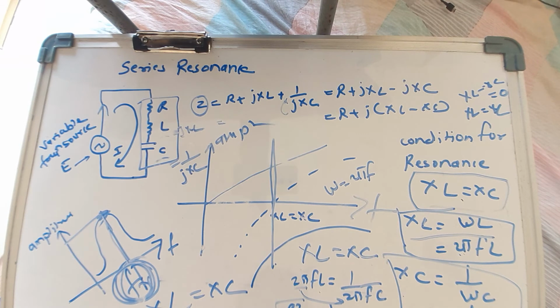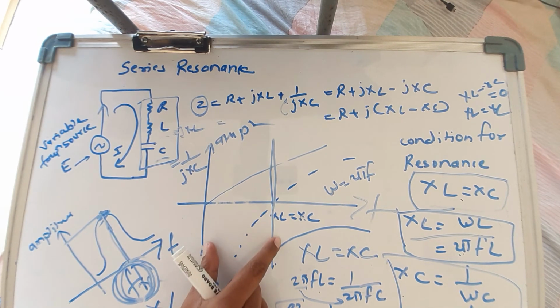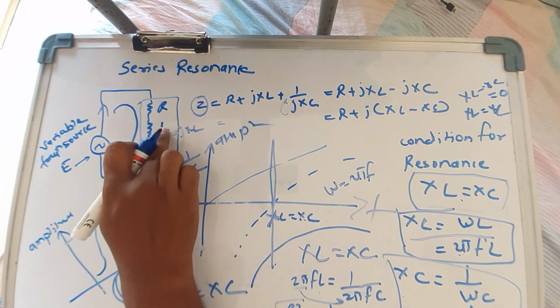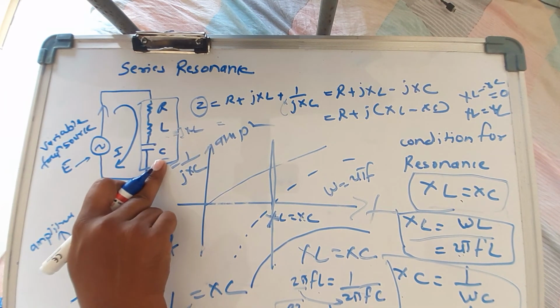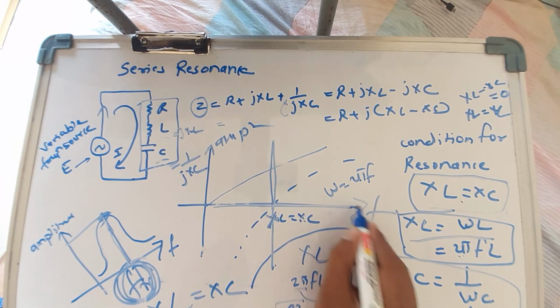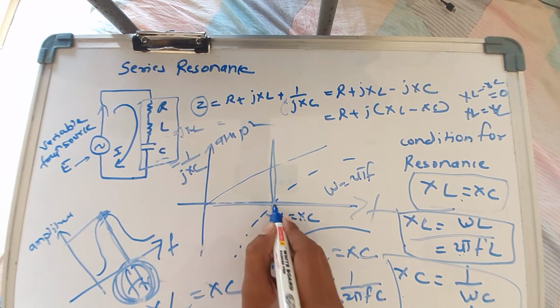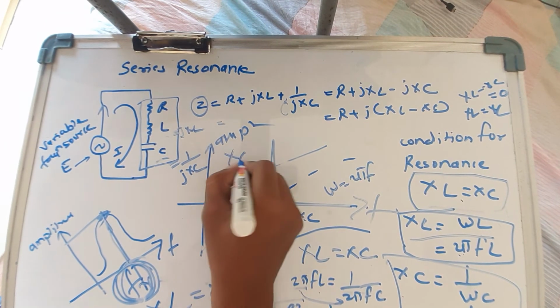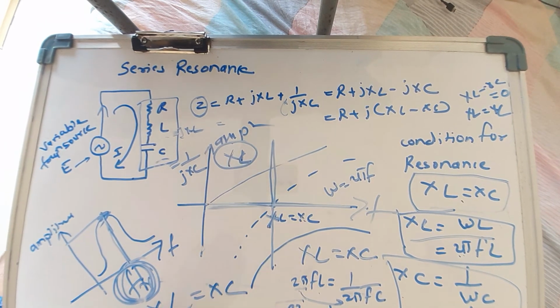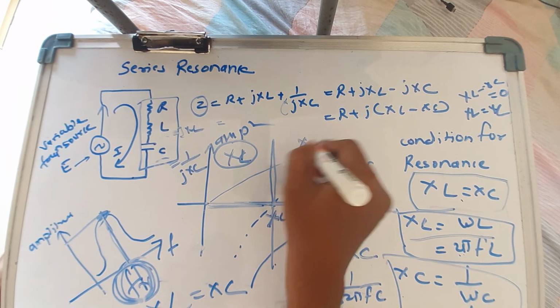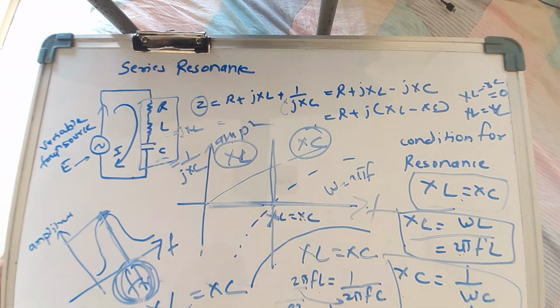Just remember there are two components in this circuit, inductor and capacitor, which are frequency dependent. At lower frequency the circuit will act as XL, that is inductive, and at higher frequency it will act as XC.